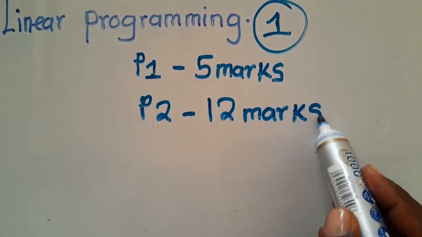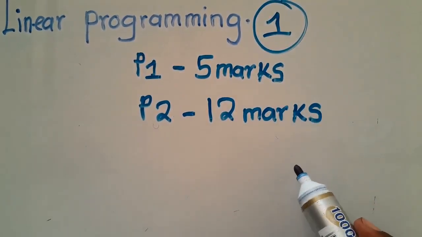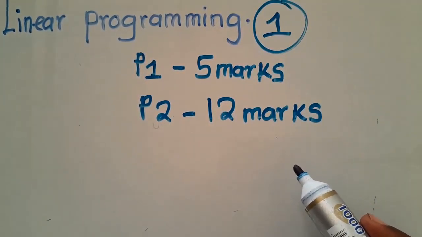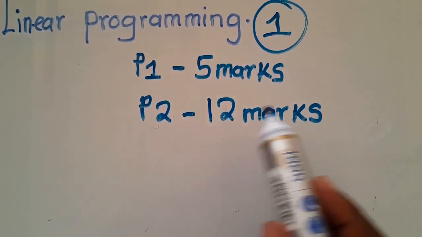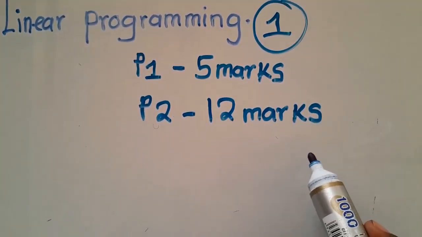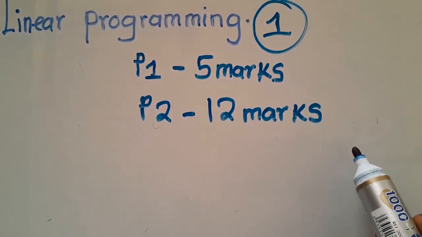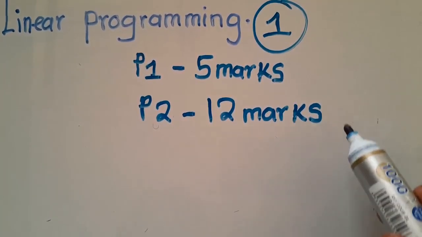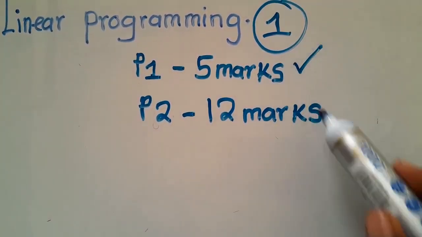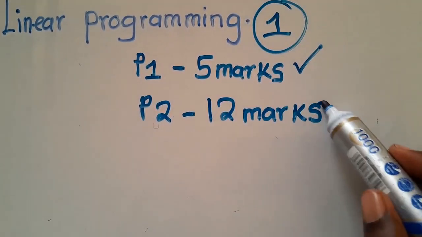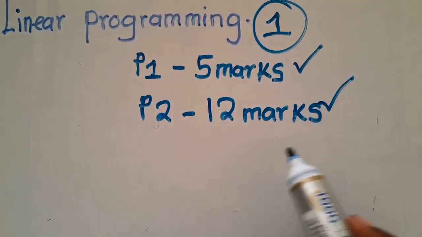Just linear programming. So even as we are studying this topic, I want you to know the marks that we are talking about. I want you to understand linear programming, understand the marks it carries, and understand the concept itself. Once you understand linear programming, 5 marks in paper 1 are waiting for you, and 12 marks in paper 2 are waiting for you.